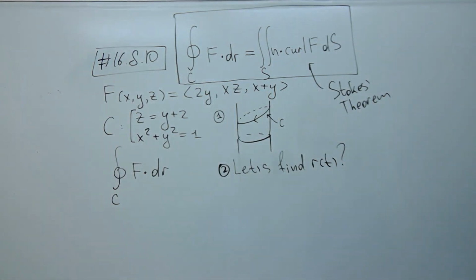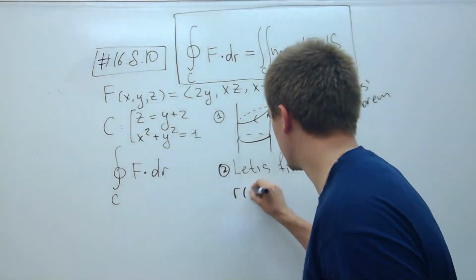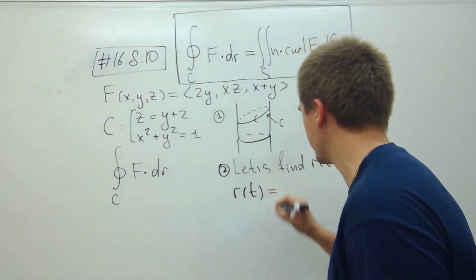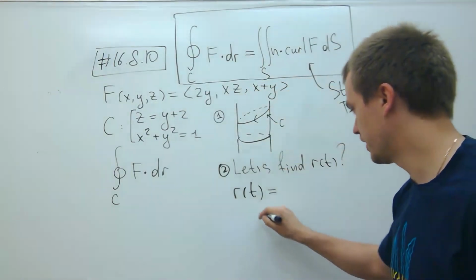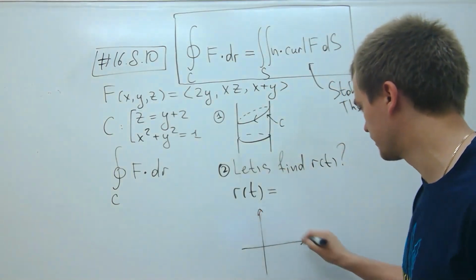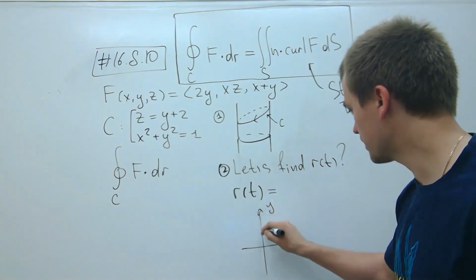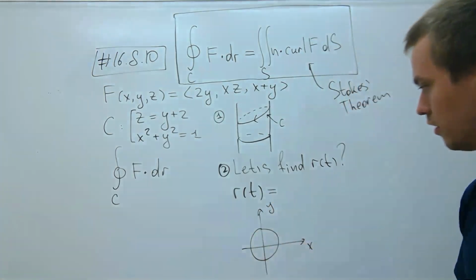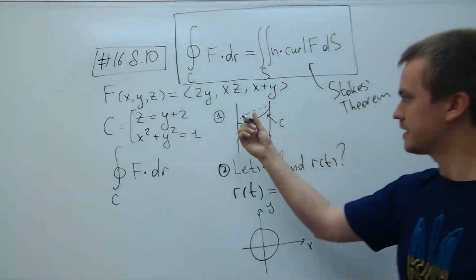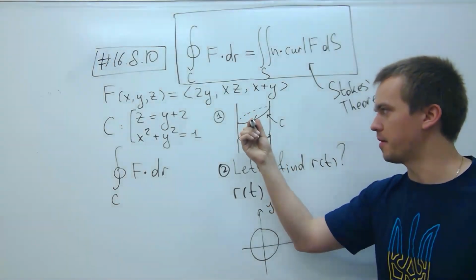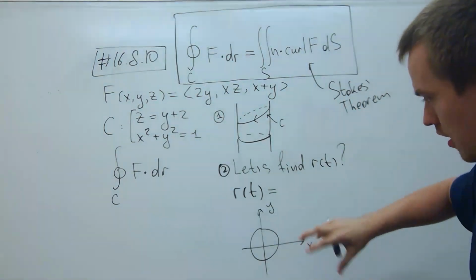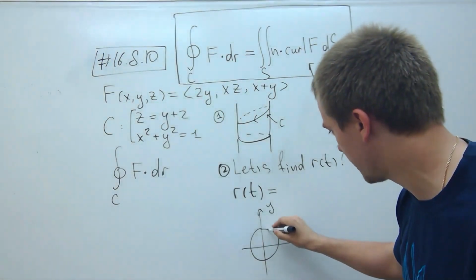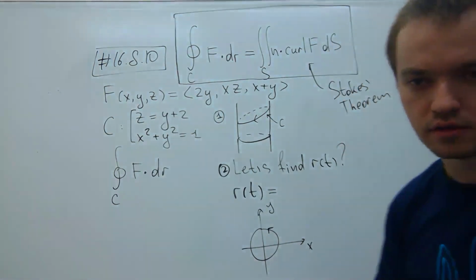Okay, so finding a parameterization for this curve is not really difficult. If this curve were in 2D, in other words, just in the xy plane, then you would have a circle. And since the positive x direction goes towards you, the counterclockwise orientation is going to look something like this.